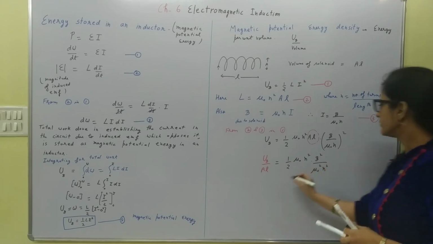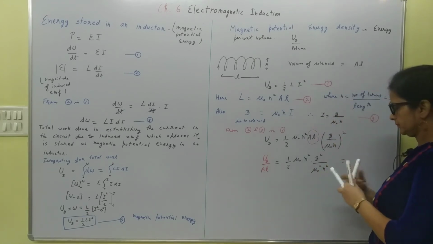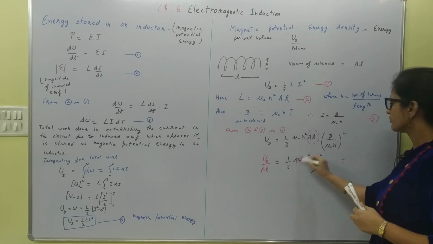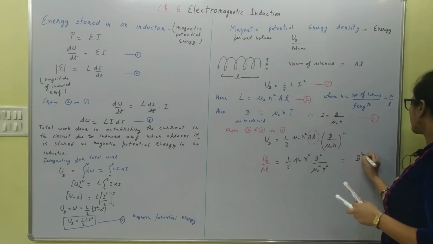So this n square will be cancelled, single mu naught will be cancelled. So this gives me B square upon 2 mu naught.